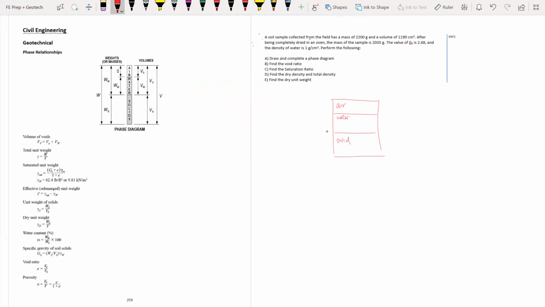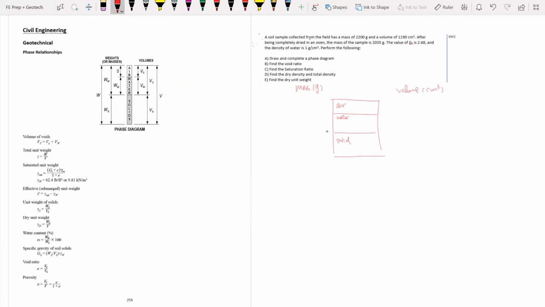And we can start with filling up the information provided by the questions. Before that, we put down mass and volumes. For this question, you stick with the units of gram and centimeter cubed.